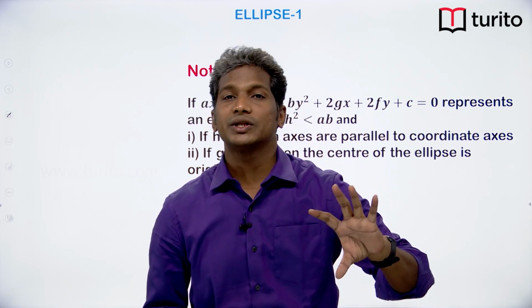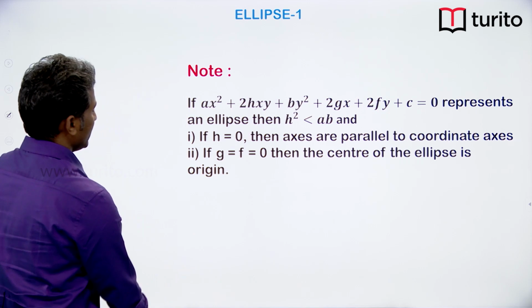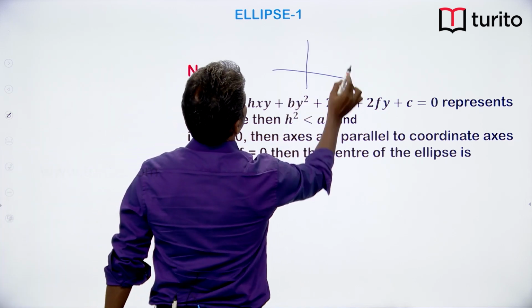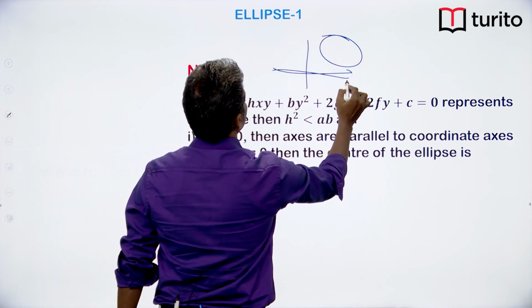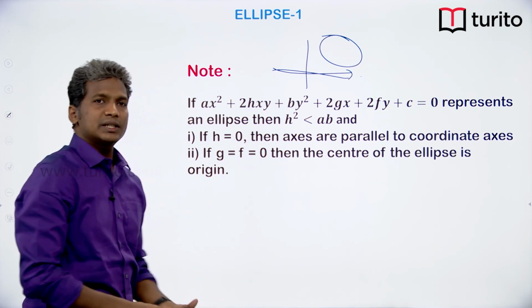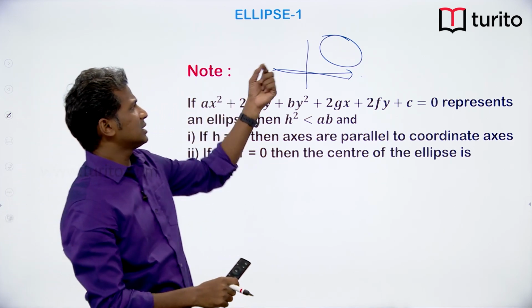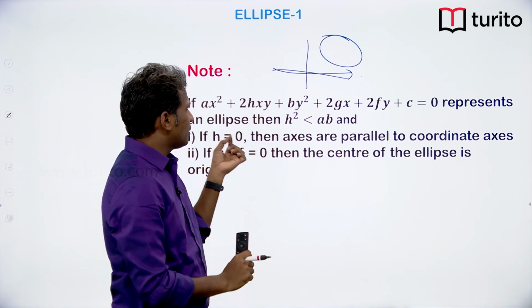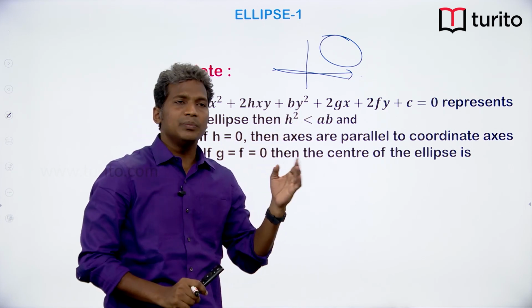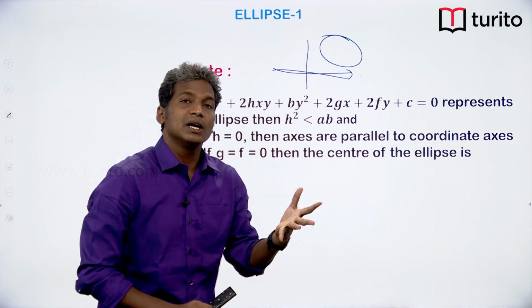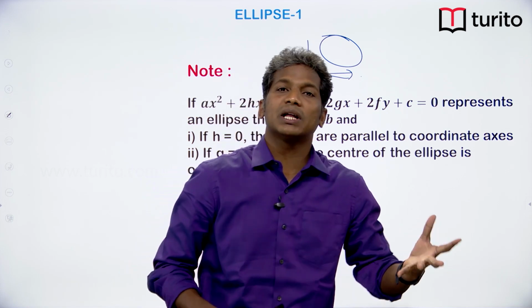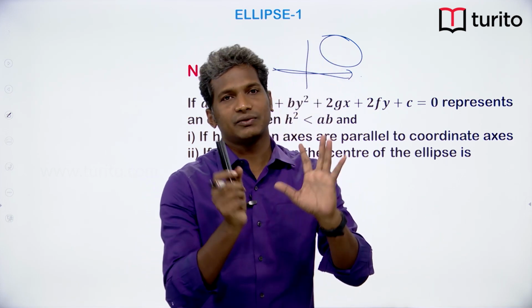But what if it is not? If we have taken one, let us say general ellipse like this, then how do we understand the situation there? And based on the factors like a, b, c, h, g, f, can we predict its center or the axis? That we will discuss once.